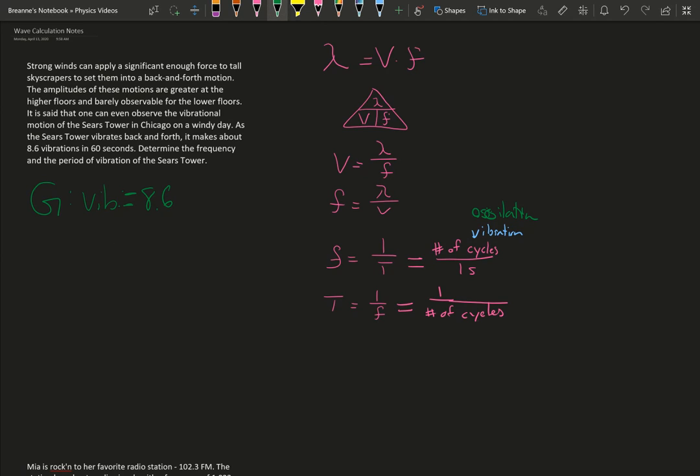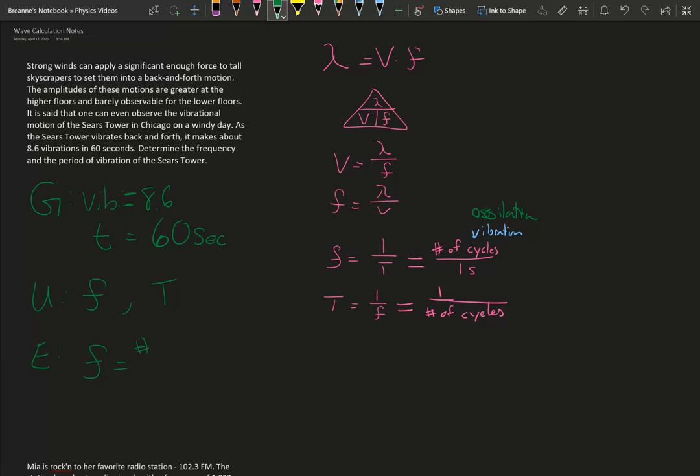So time is 60 seconds. So that's where this number of cycles over 1 second comes into play. So our unknown is frequency and period. So let's do our frequency equation.